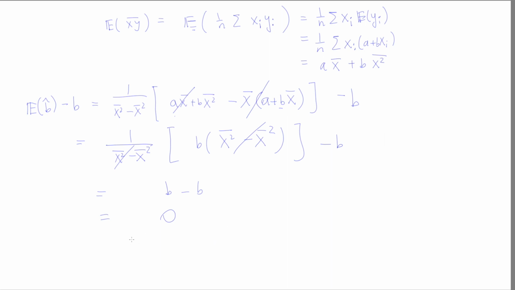So the bias of B hat is equal to 0. In other words, you might also hear that B hat is unbiased.